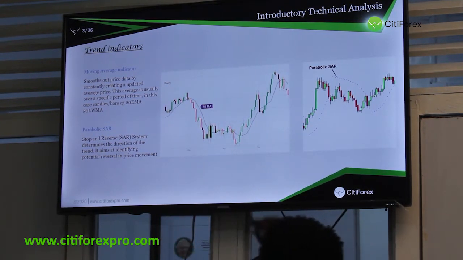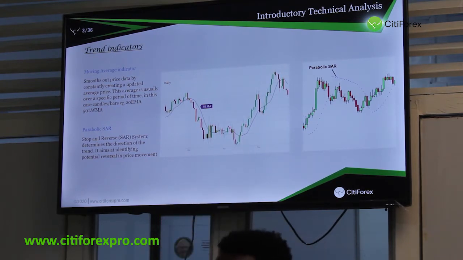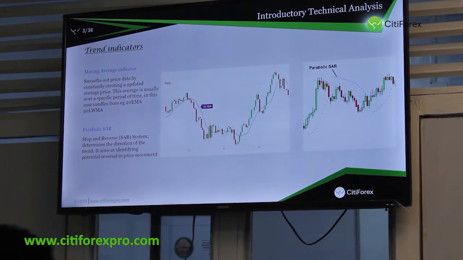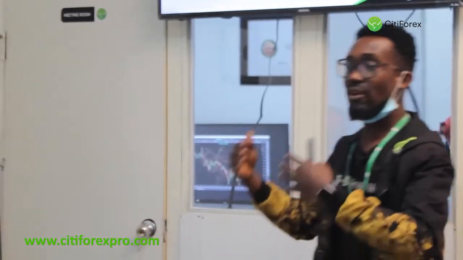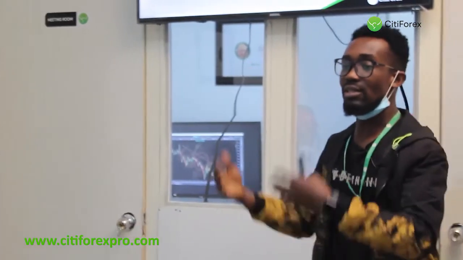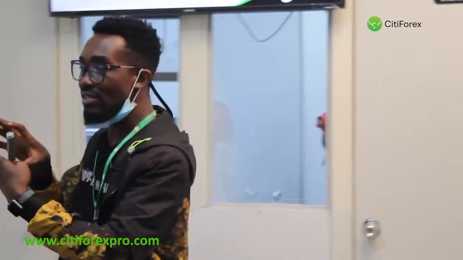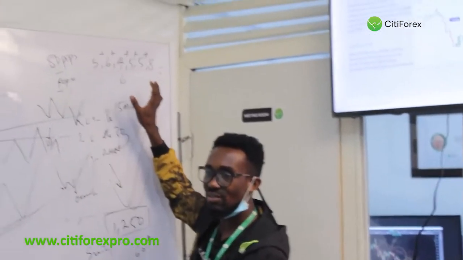Now, the moving average usually has what we call a period. For us here, we had 25,000, day before yesterday 24,500, 3 days ago 26,000, 4 days ago 38,000. It will take all those prices, add them together, and give us the average.